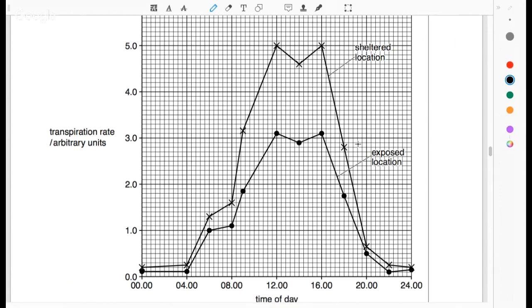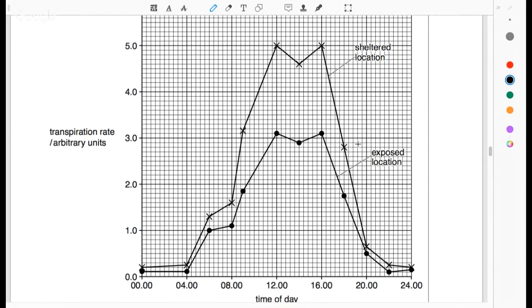The values for the transpiration rate, I will code them too. But yeah. And so the increase of the transpiration rate of the sheltered location has a steeper gradient than the one of the exposed location. The same for the decrease.